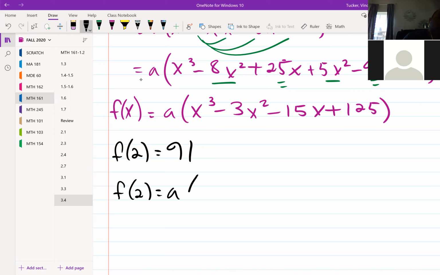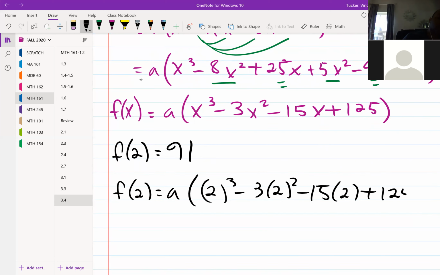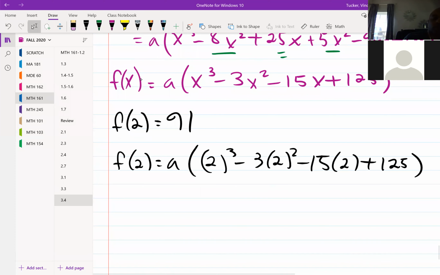So plugging 2 into this function, that'd be 2 cubed minus 3 times 2 squared minus 15 times 2 plus 125. Supposed to be equal to 91.